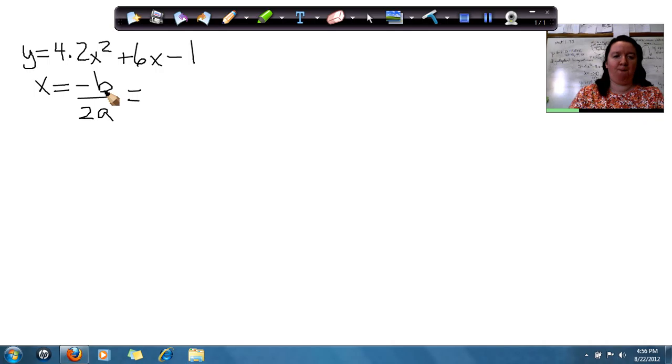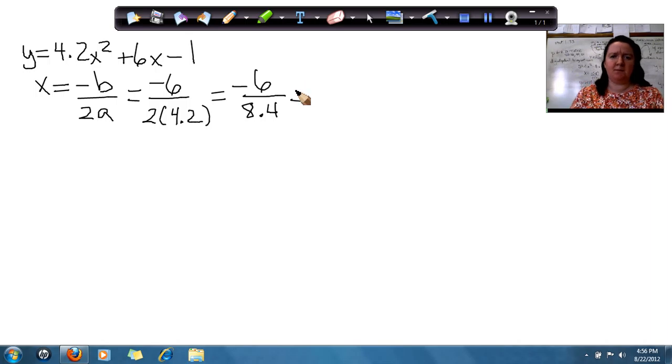So we're taking negative 6 over 2 times 4.2. So here we're getting negative 6 over 8.4. So I'm going to get my calculator, and 6 divided by 8.4 is negative 5 over 7.